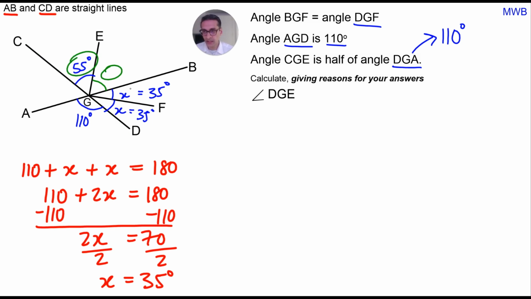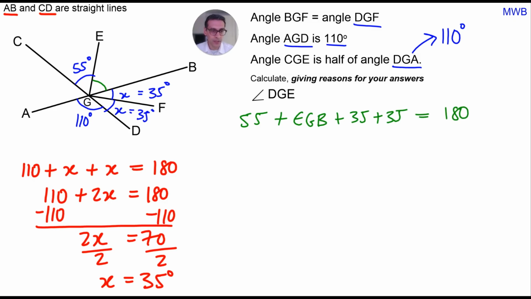So this plus this plus this plus this, those four have to add up to 180. So let's write this out here. So 55 plus EGB plus 35 plus 35 is equal to 180.